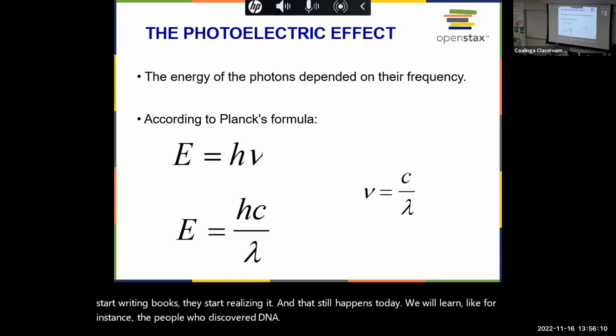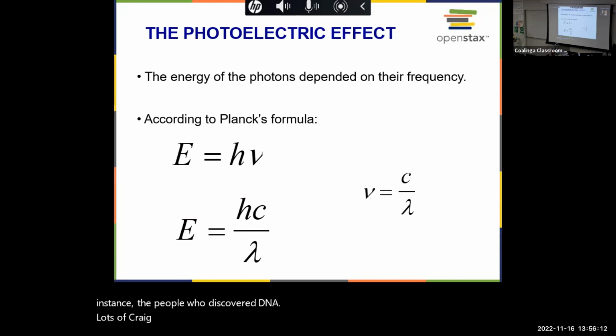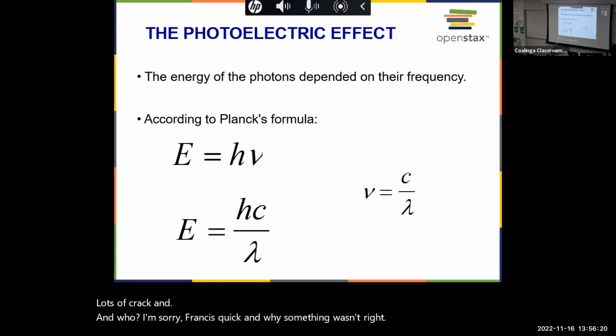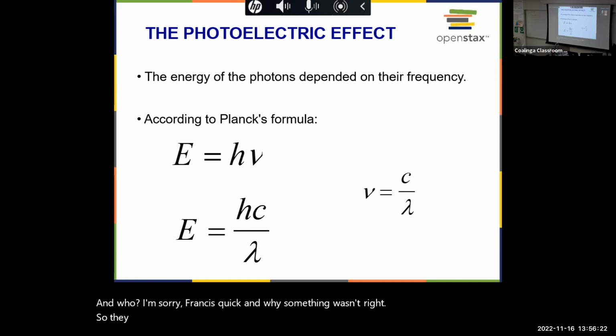Watson and Crick. Francis Crick and Watson. So they were credited for discovering DNA. It was actually Franklin.